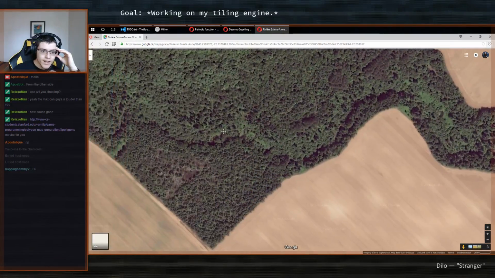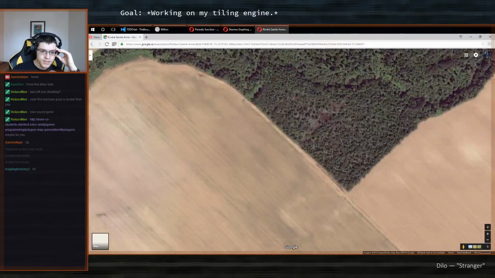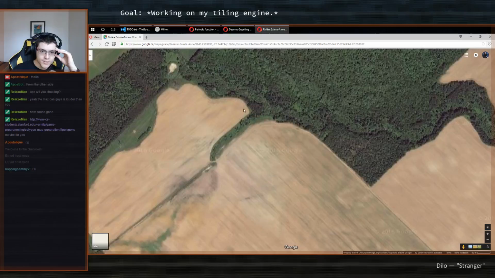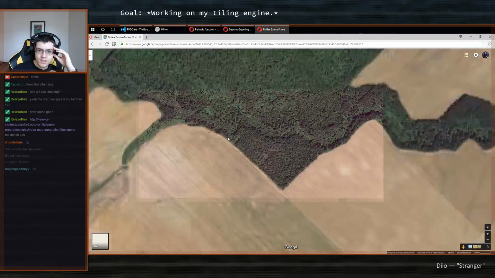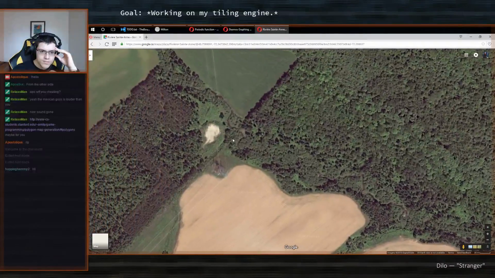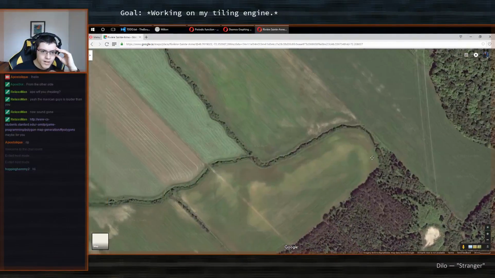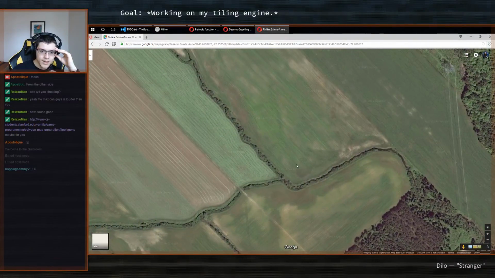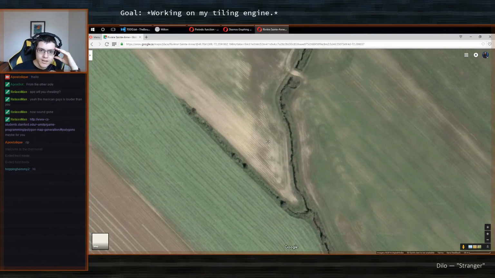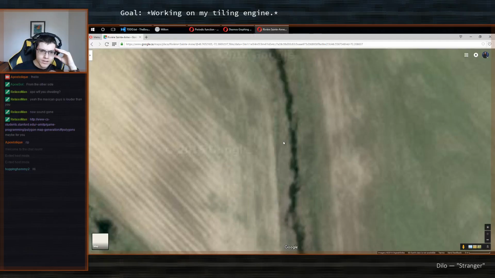Now we can only follow the river through those trees. What is that? Oh, crops. Oh, it goes all the way up there. Look how small this is. I mean, if you're walking there, it's still pretty big, but I think it's small enough that you could jump it.